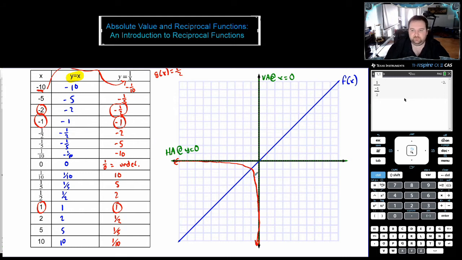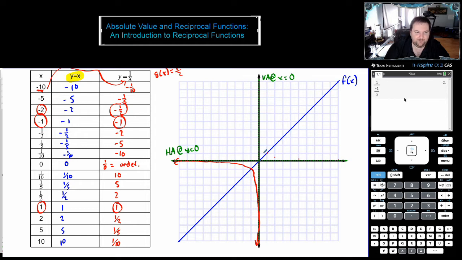Okay, so we have this side. What happens when x is positive? Let's go ahead and take a look at those. So we have this point, 1, 1. We have the point 2 and 1/2. We have 5 and 1/5. And we have 10 and 1/10. So again, it looks like it's approaching 0, but it's never going to touch it no matter what happens.